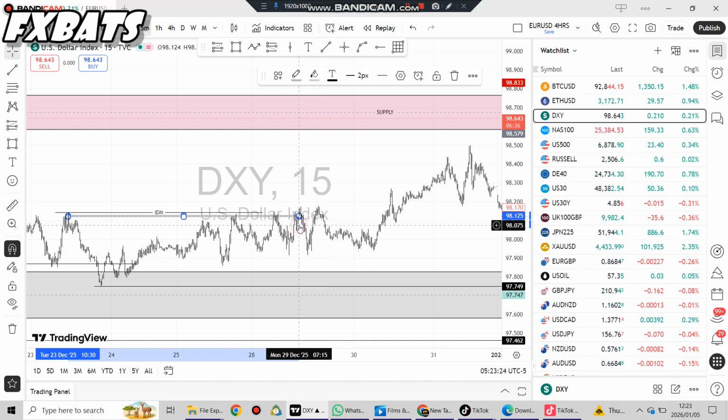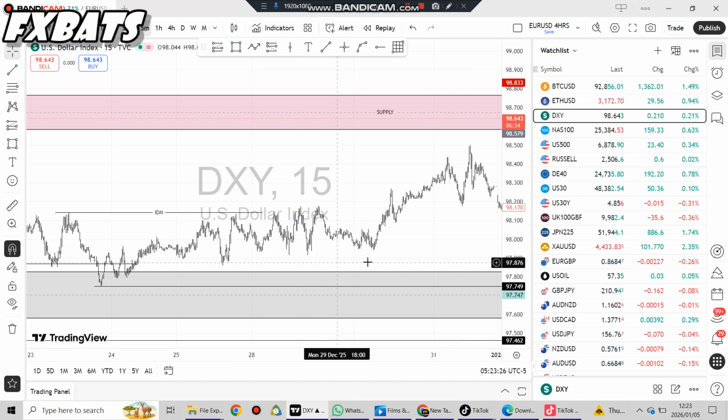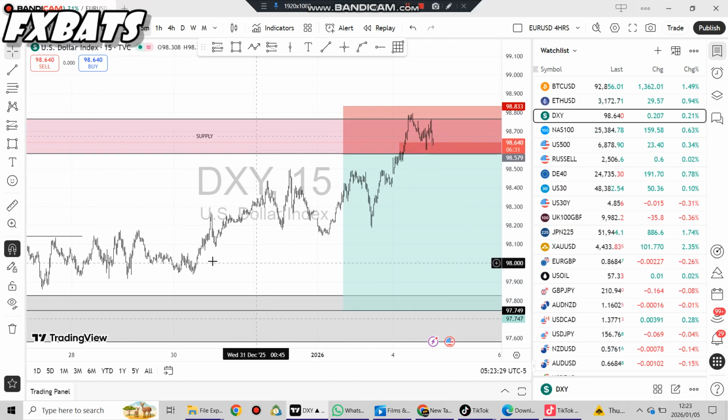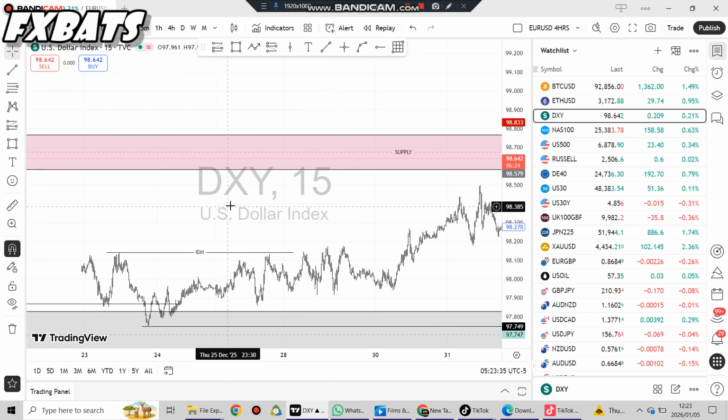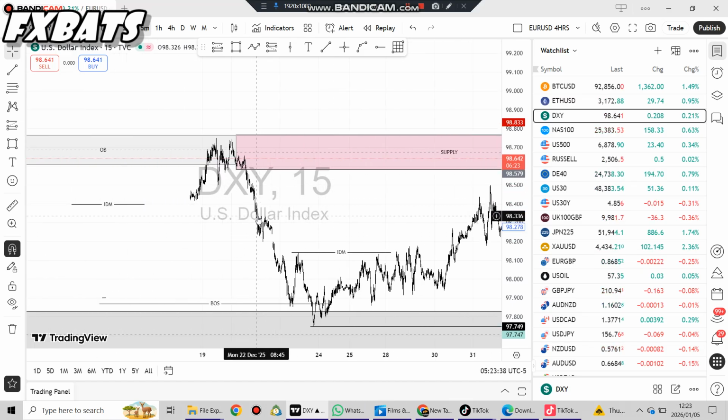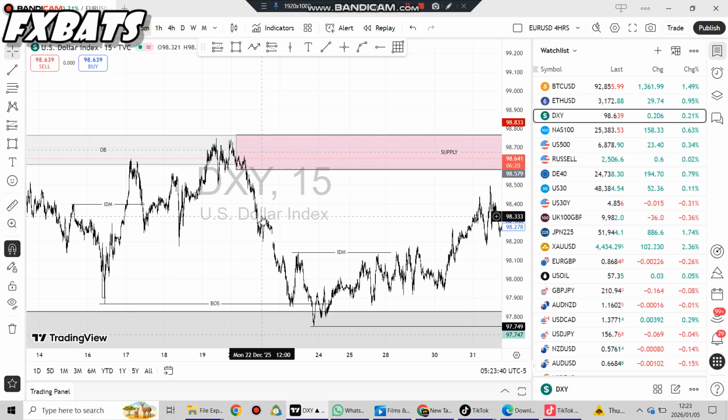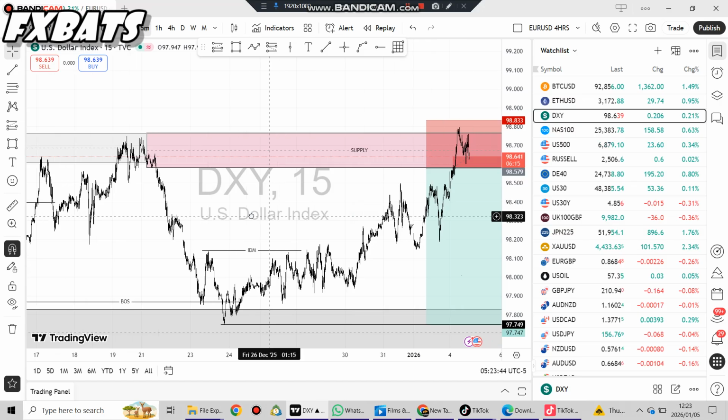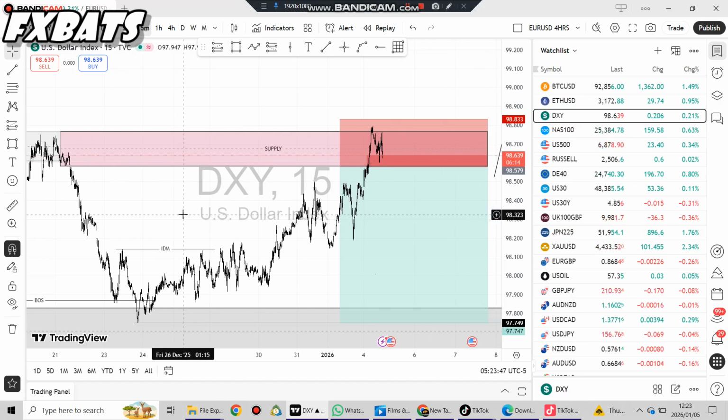Since that was my initial consolidation, price has been pulling back on the buy side of the curve to keep taking out all this buy side liquidity, and also to balance up the void which was left behind.